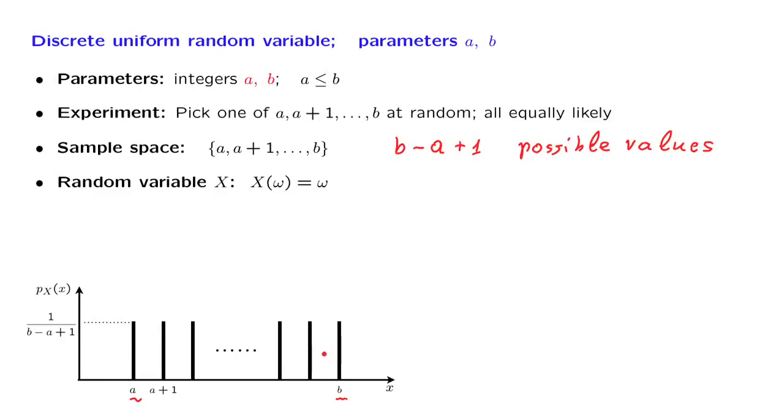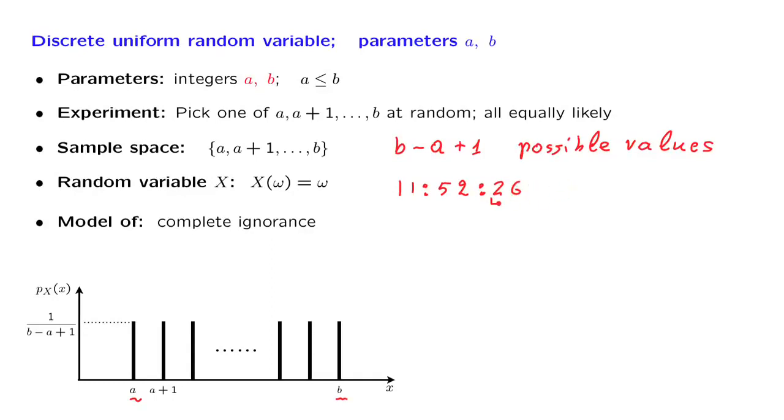What does this random variable model in the real world? It models a case where we have a range of possible values and we have complete ignorance, no reason to believe that one value is more likely than the other. As an example, suppose that you look at your digital clock and the time that it tells you is 11:52 and 26 seconds.